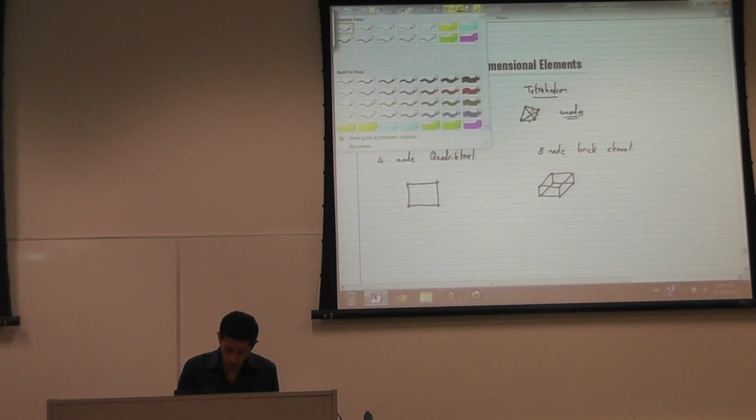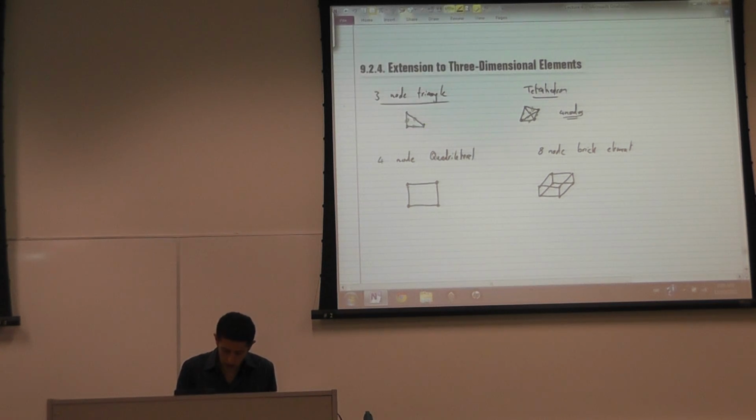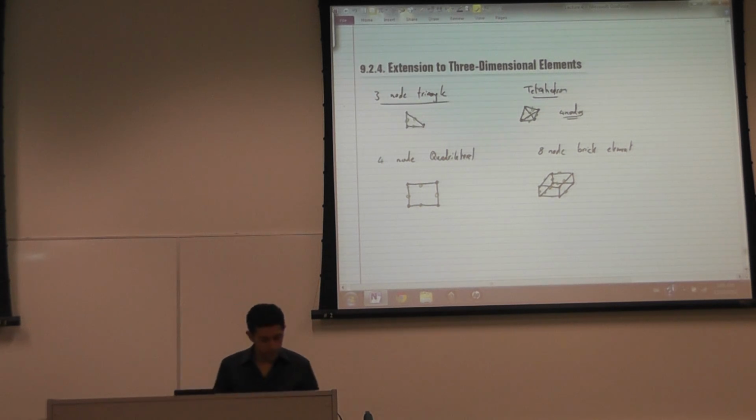And the nonlinear version is obtained by adding mid-side nodes. And so 4 nodes, so this becomes, this is the linear. The nonlinear has 8 nodes.